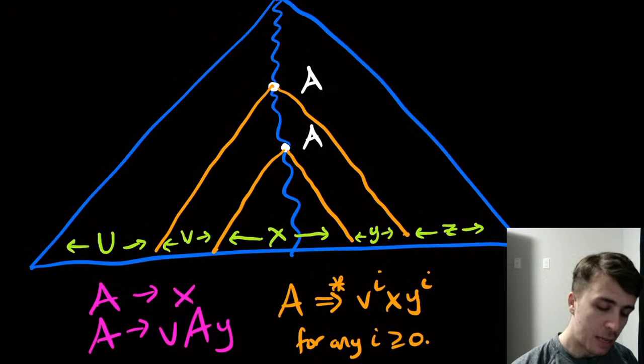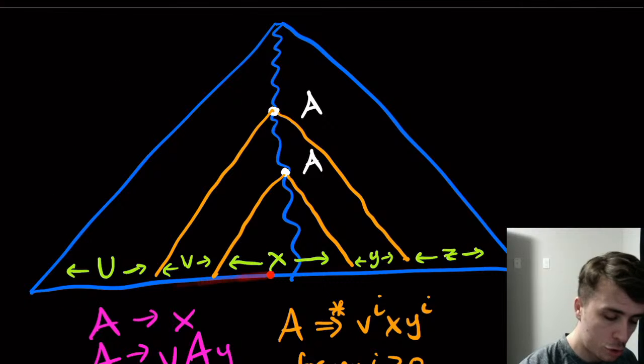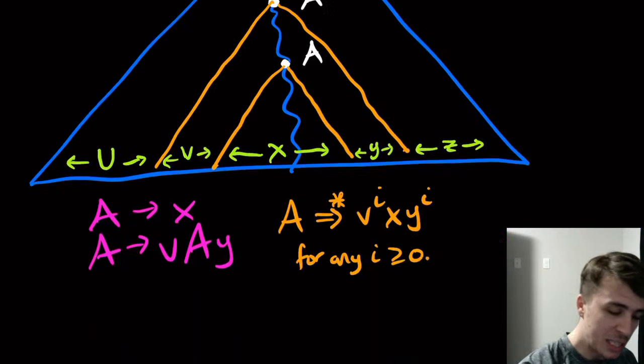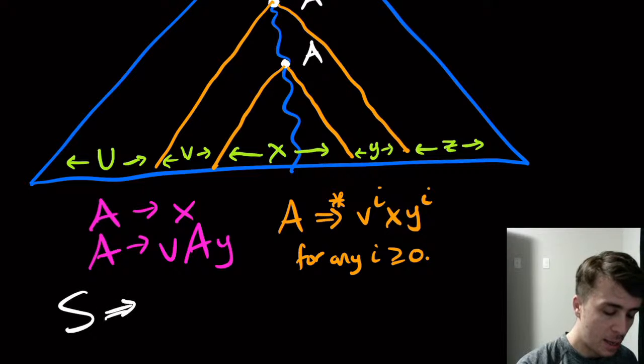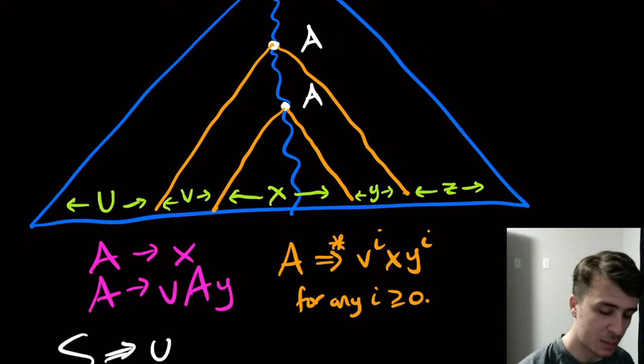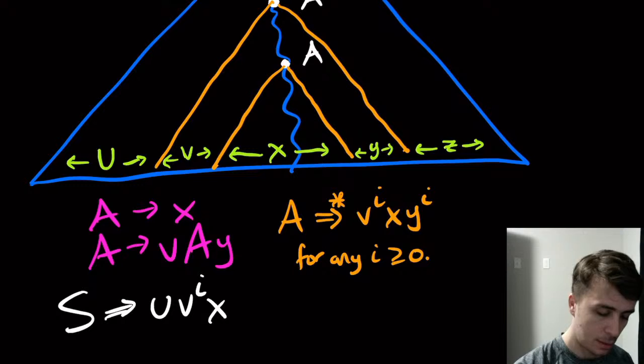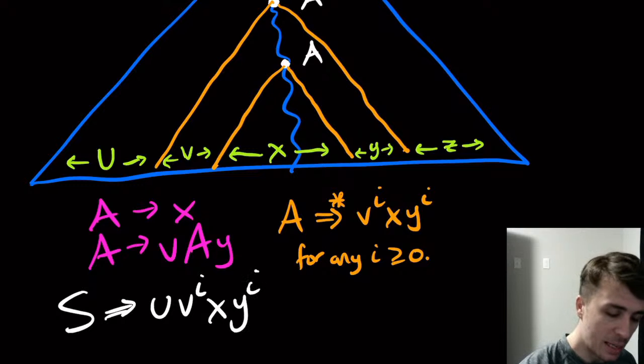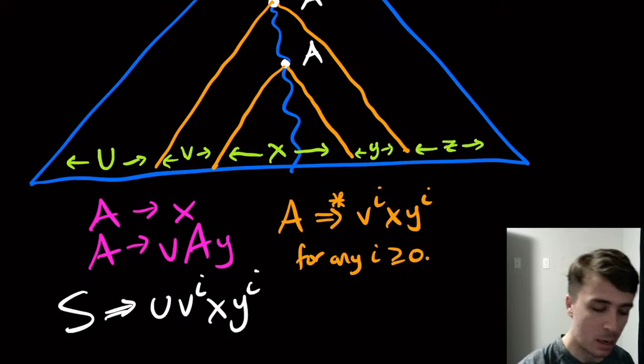Okay, so then for the whole tree, what we can see is that the start variable can make the U part, followed by whatever A can make, which we just determined is V to the i, X, Y to the i, and then the final Z way over here.